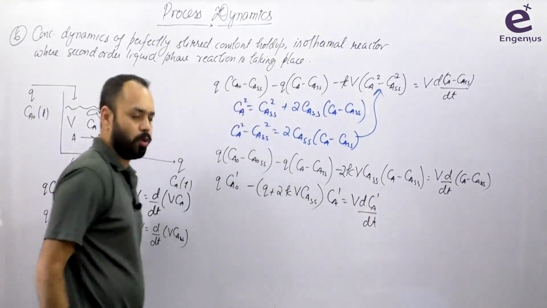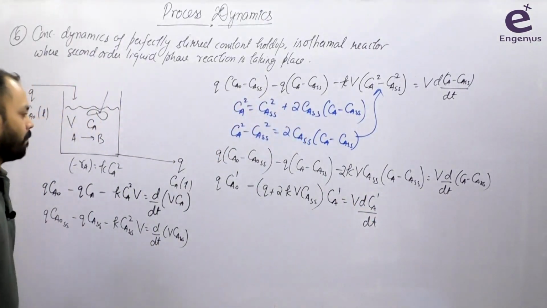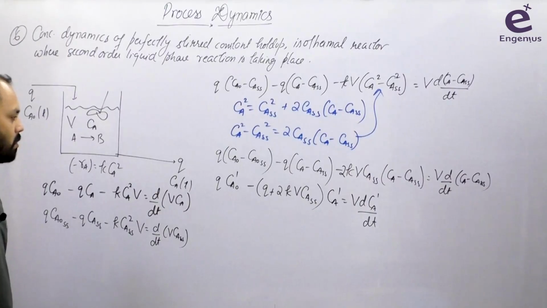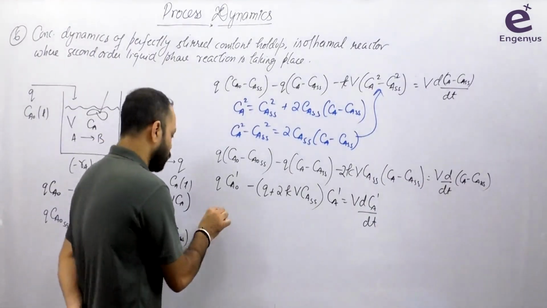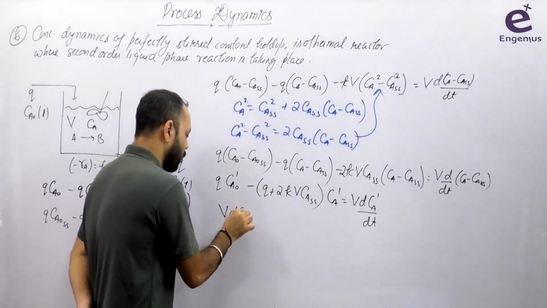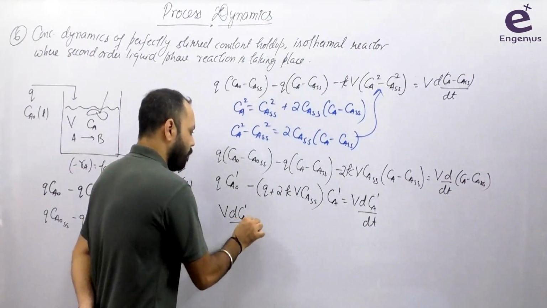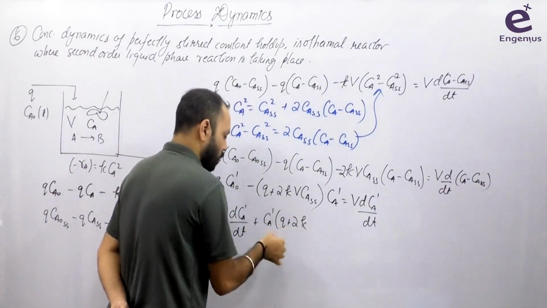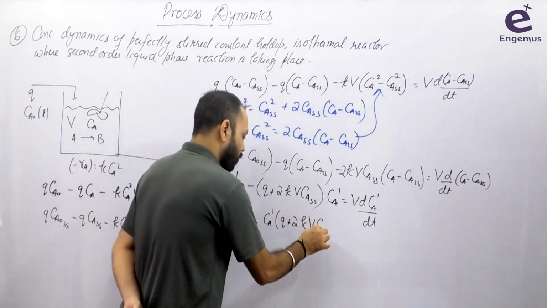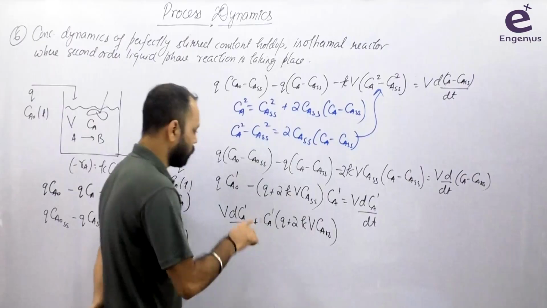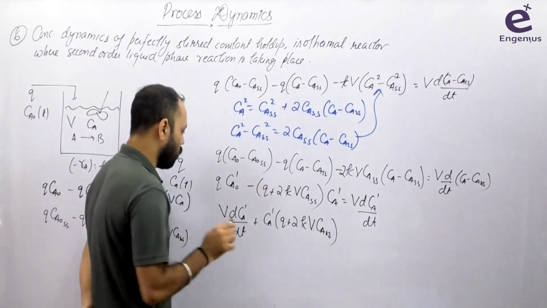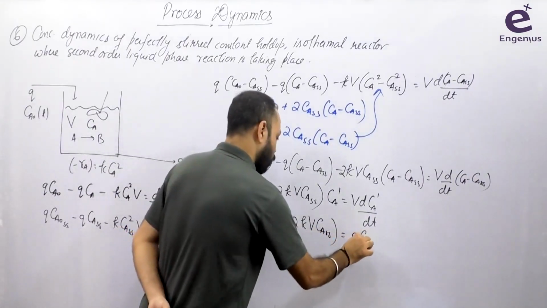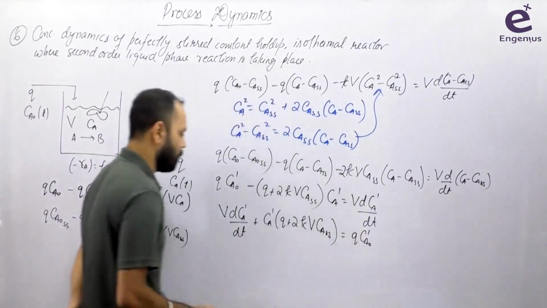I think my calculations are correct. Now you will write this equation in the standard form: V dCa dash by dt plus Ca dash (Q plus 2kV Ca SS) is equal to Q Ca naught dash. Now this is linear, right?